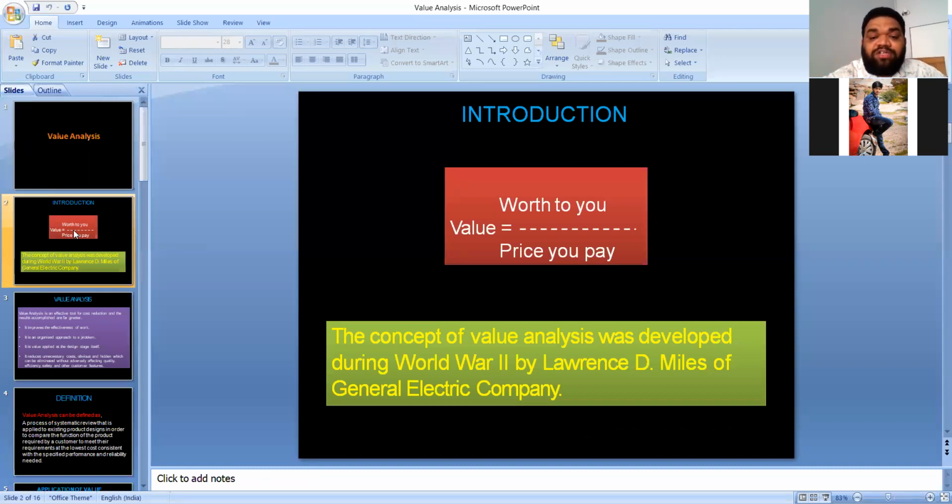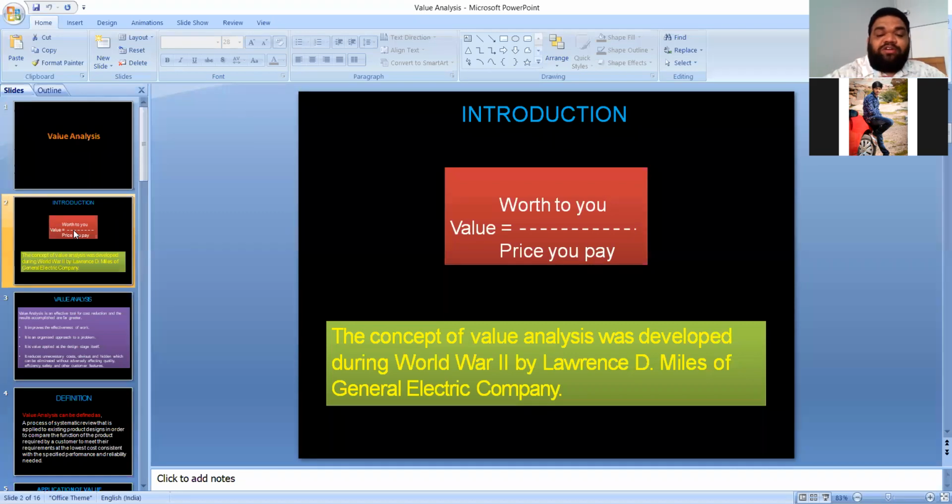The concept of value analysis was developed during World War II by Lawrence D. Miles of the GE company. You know GE, the General Electric company, because many management principles were also developed in that company.